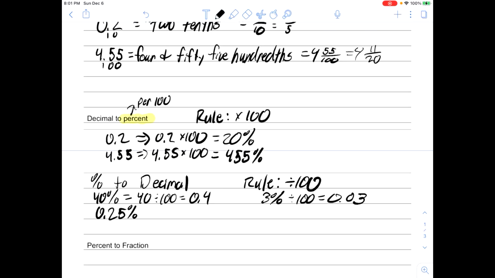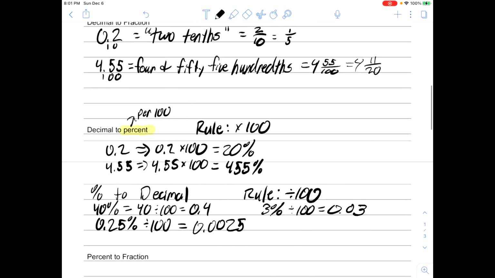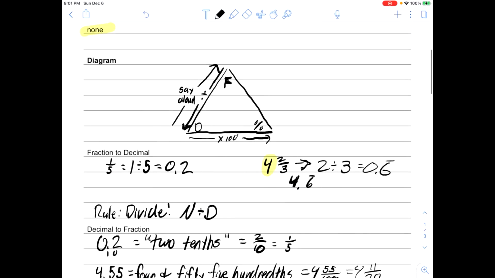So even though there's a decimal within the percent, to get rid of that percent sign, I still have to divide by 100, which would get me 0.0025. So coming back up to our diagram, to move this way, divide by 100. And that's to go from a percent to a decimal.